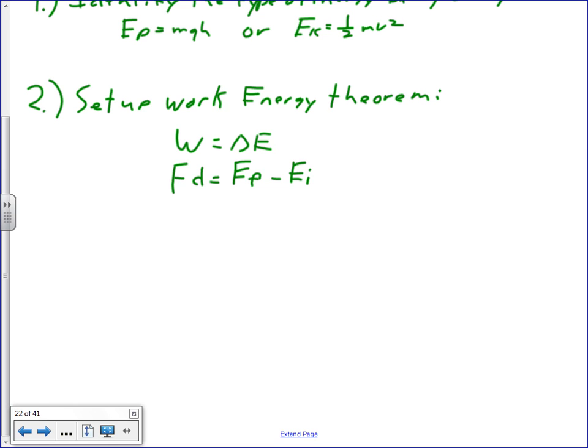So at that point, that could mean one of two things. It could mean that force times distance equals 1/2 mvf squared minus 1/2 mvi squared, or it could mean that force times distance equals m times g times hf minus m times g times hi. It depends whether gravitational potential energy is changing or kinetic energy is changing.